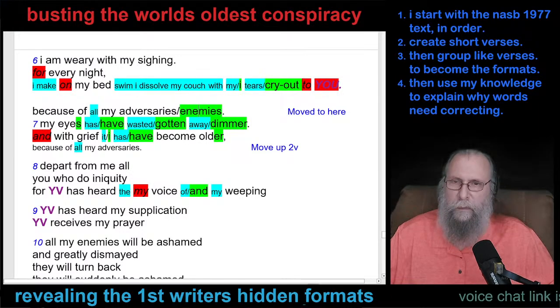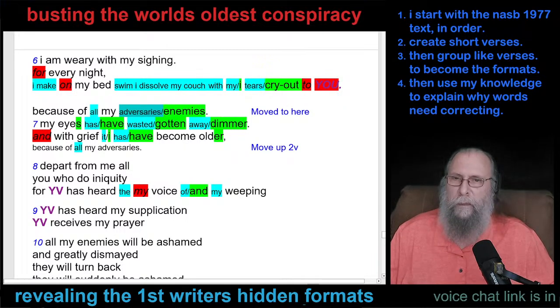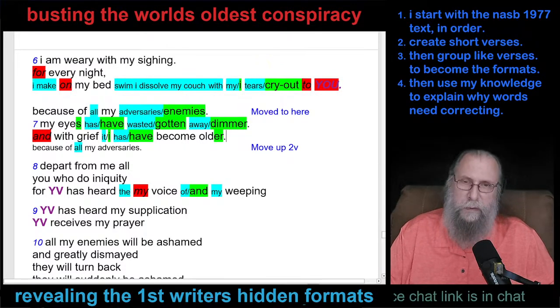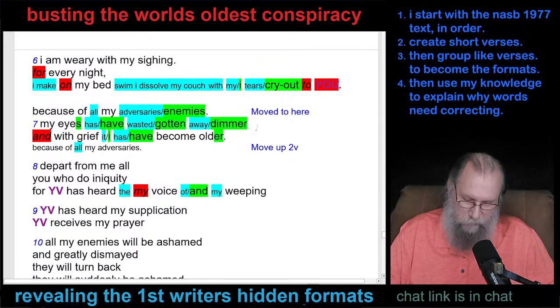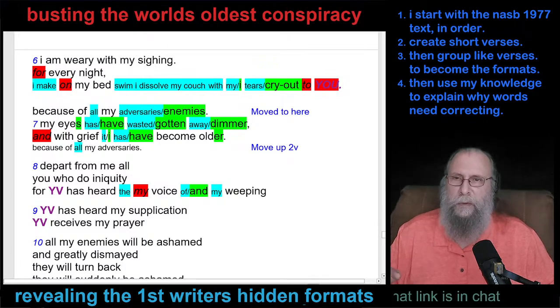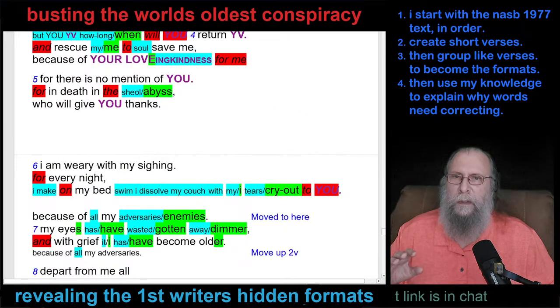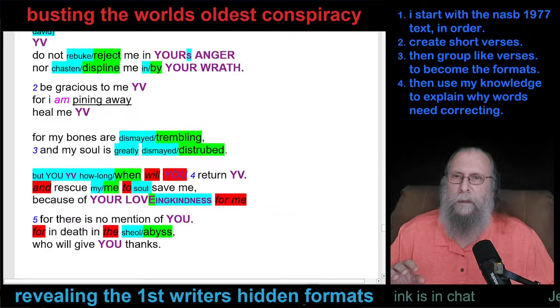It's a lifetime. And being it's a lifetime, it could be David. Because of all my enemies, my eyes have gotten dimmer, and with grief I have become older. I think that's the proper style of the writer, because that's the way it is hooked here and here and here.